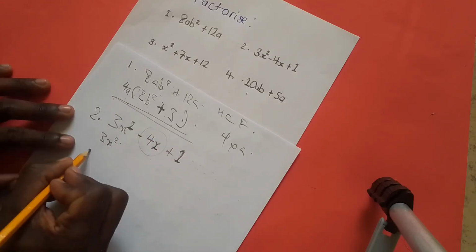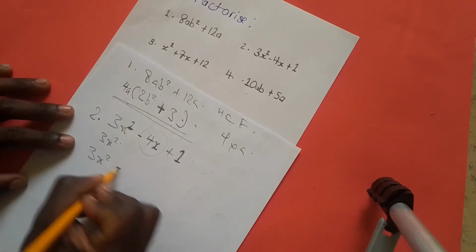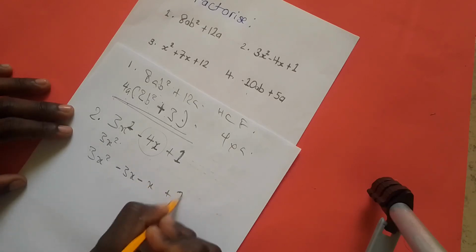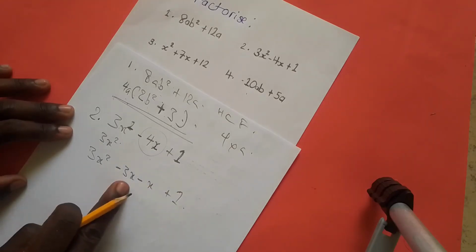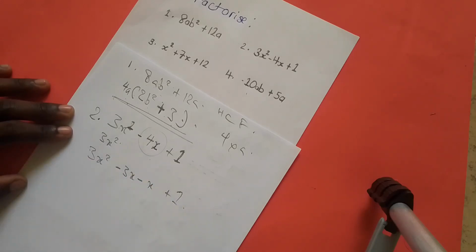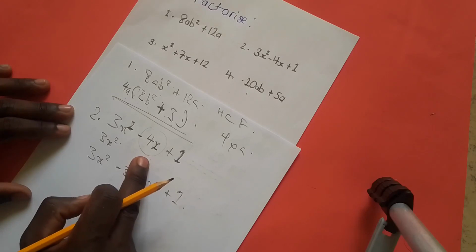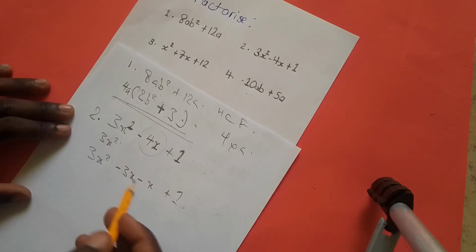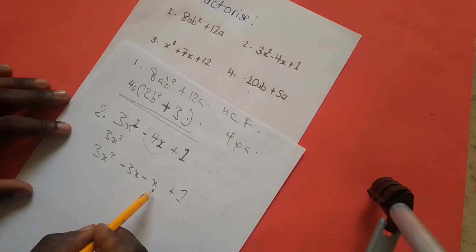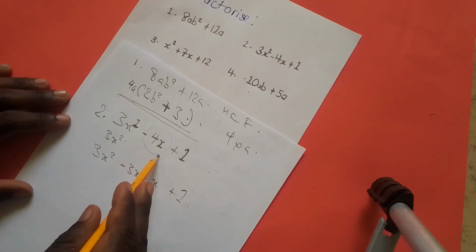The terms are 3x and x: negative 3x minus x is negative 4x. So nothing has changed here. We've only split the term in the middle.